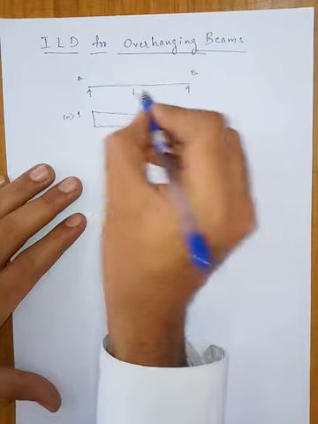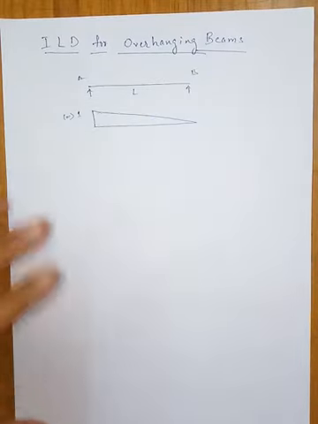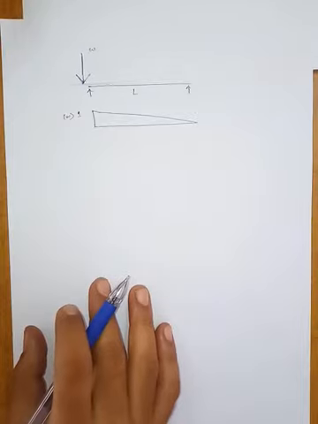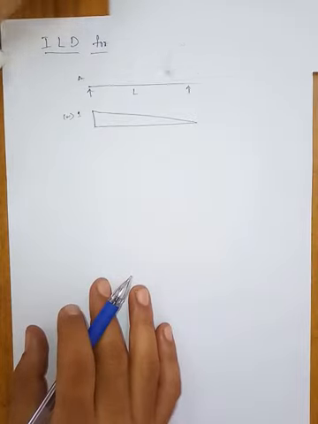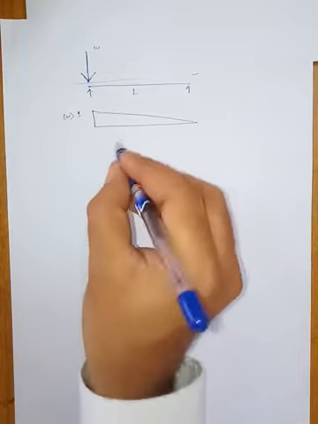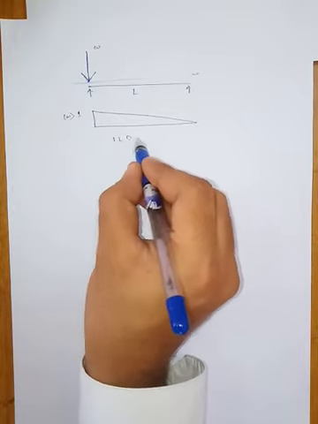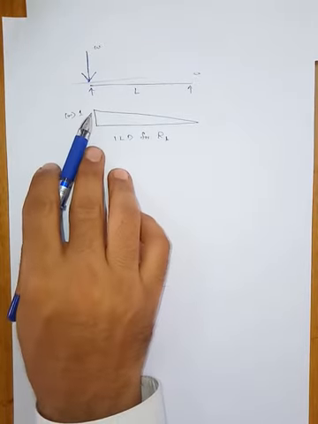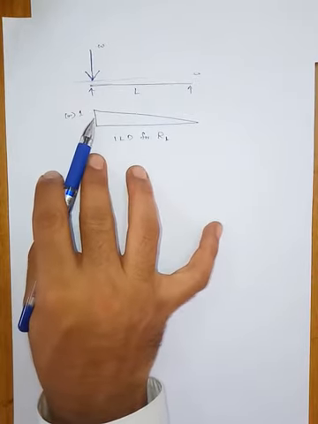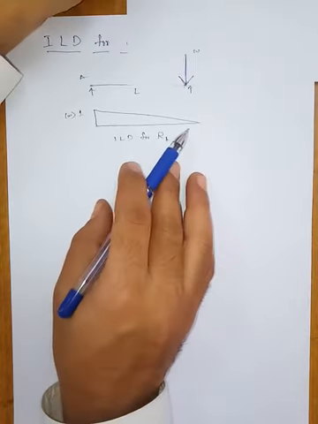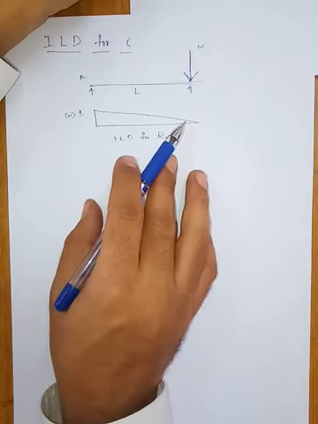This was L. Now, suppose the load is moving from A to B. When the load is at A, the support reaction at A, the ILD for RA, was 1 or W. As the load moves to B, it decreases from 1 or W to 0 if it is a simply supported beam.